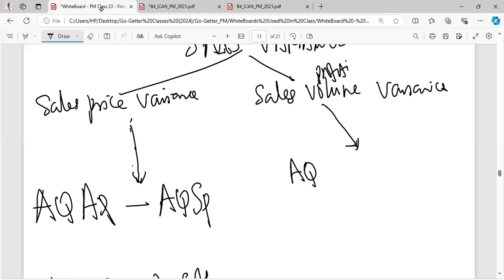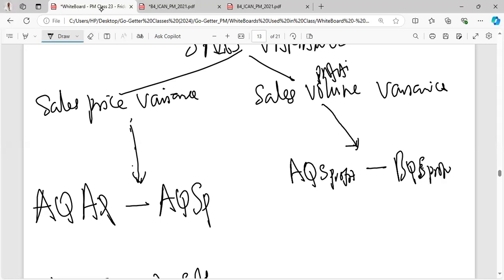Actual quantity, standard profit minus standard quantity, or say budgeted quantity, standard profit.